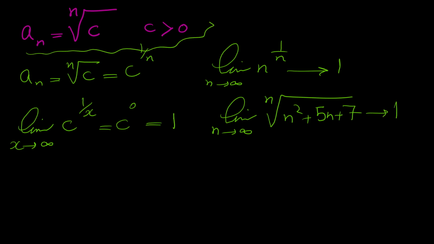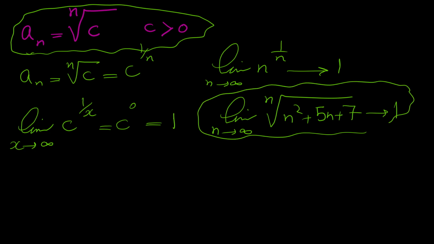This is a very special case of this general rule that we already know. As long as inside the nth root we have any polynomial, not just a constant, n to the 2, n to the 3, n to the power of 1000, whatever, plus a constant like 7 here, plus 5n, all of these limits are always 1.